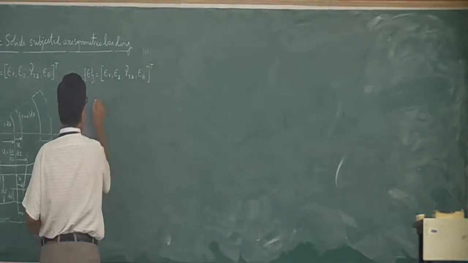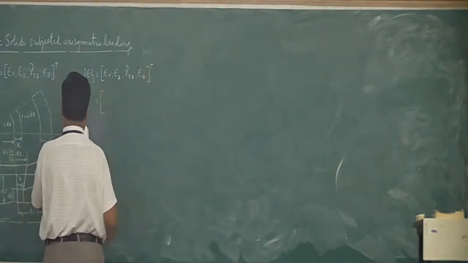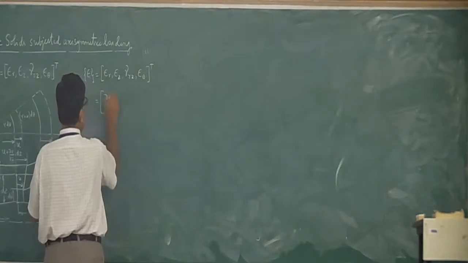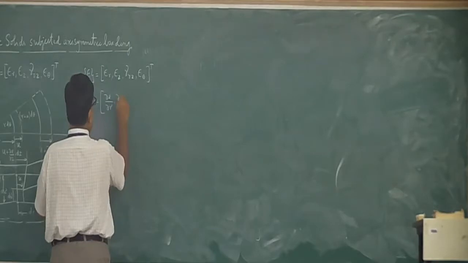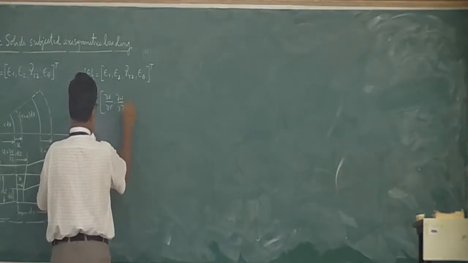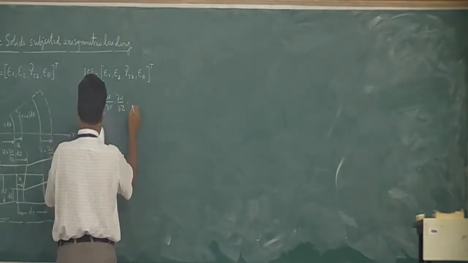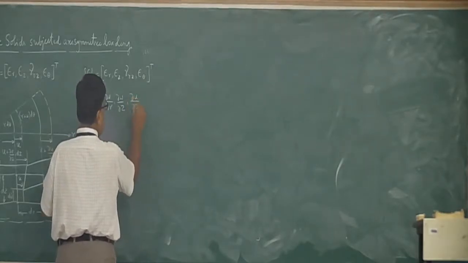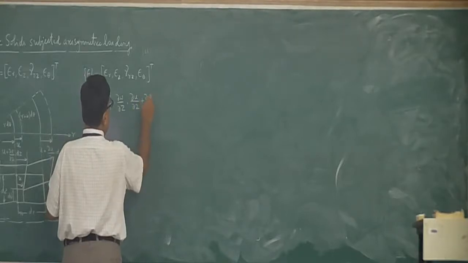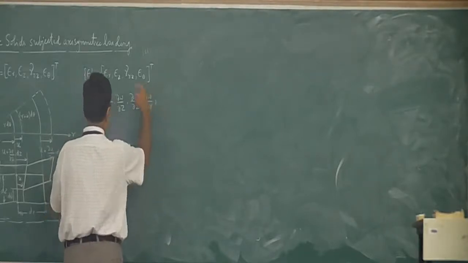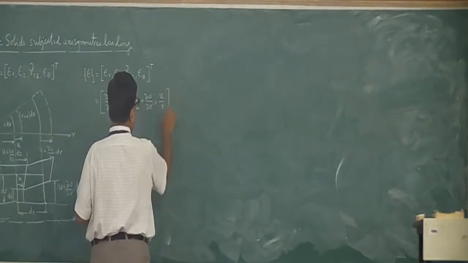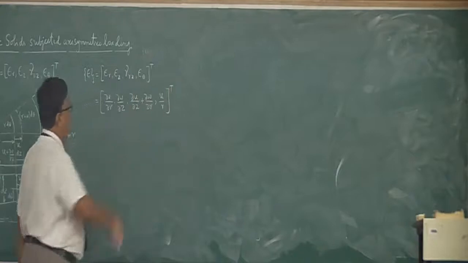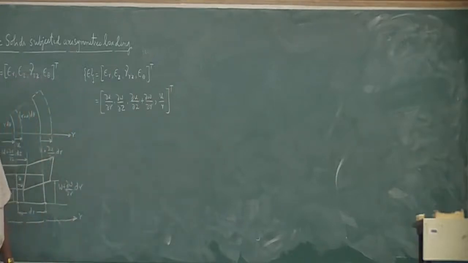If you want to write it in terms of the partial derivatives, it will be written as dou u by dou r, dou w by dou z, and dou u by dou z plus dou w by dou r. But there is one more component, epsilon theta, that is nothing but simply u by r. So these are the corresponding partial derivatives of the strain components.